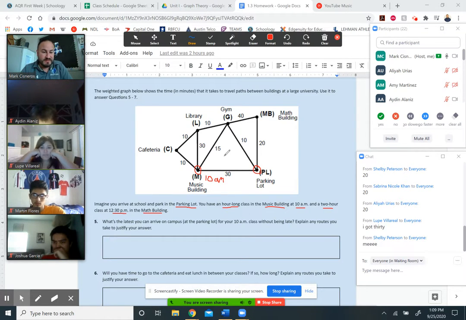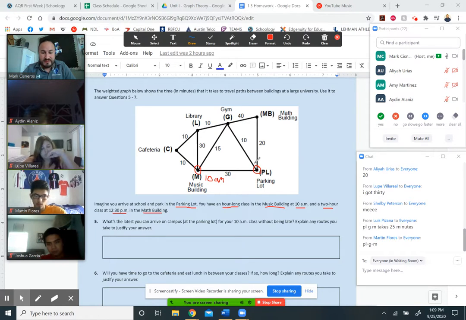Anybody have how long it takes the fastest way? Good. Luis, good. Martin. Go from the parking lot to the gym and then from the gym to the music building. And you guys are writing it correct. PL to G to M would be 25 minutes. So if I know it takes 25 minutes to walk from the parking lot to the building I need to be at by 10 o'clock, now let's answer the question.